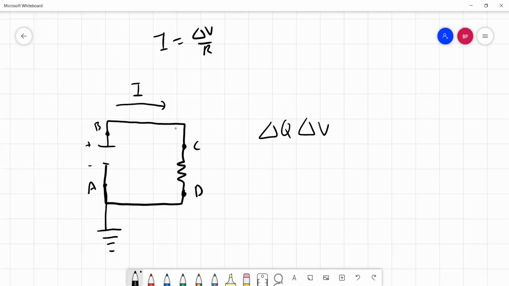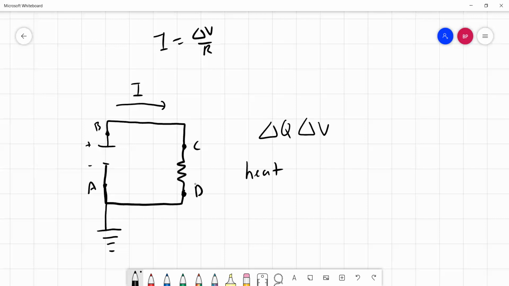But essentially that means that all of the energy that we gain from going across the battery, we lose going across the resistor. And where does that energy actually go? Well, the electrons have kinetic energy, they bump into all of the nuclei, and they transfer that kinetic energy to them. So this energy gets transferred into heat.